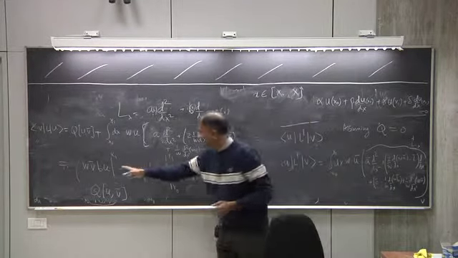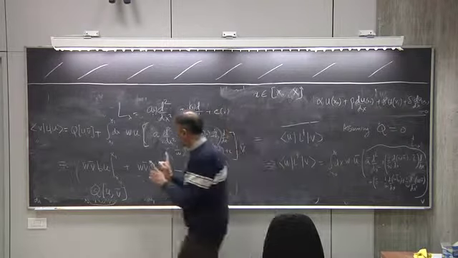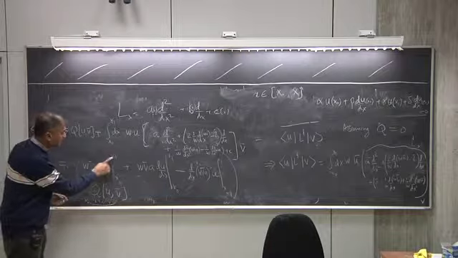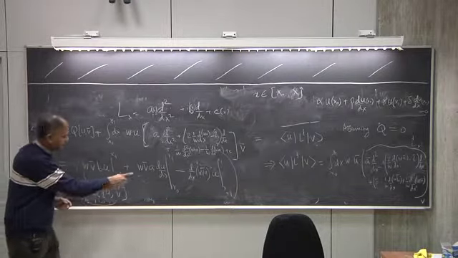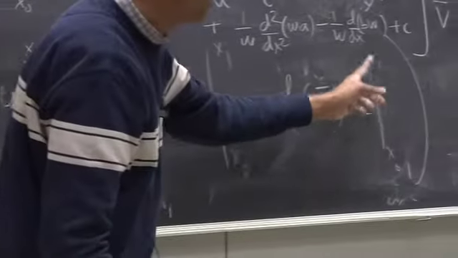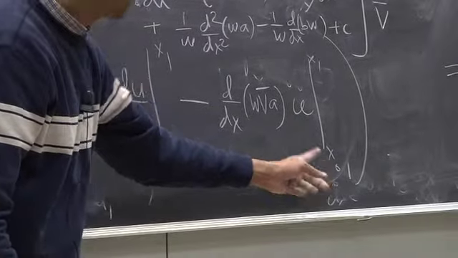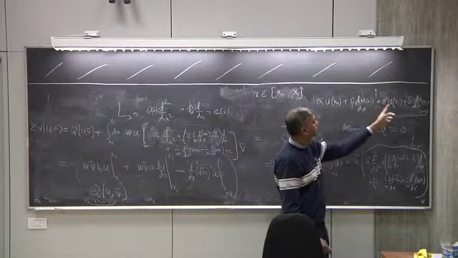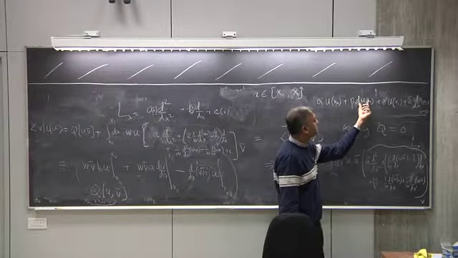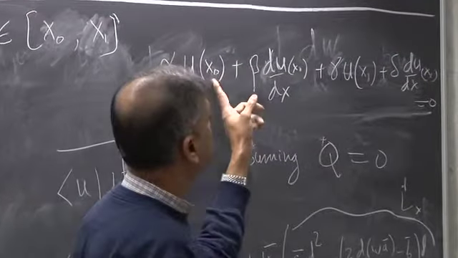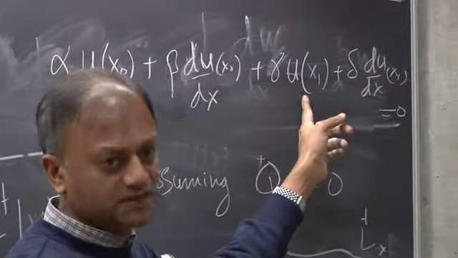So you plug that back here. Look at this here. What is appearing here? The value of U at x1 and x0, the value of du by dx at x1 and x0, and similarly the value of U at x1 and x0, right? Just to take an example, suppose I can use these equations to determine the derivatives of U at x0 and x1 in terms of the value of U at x0 and x1.